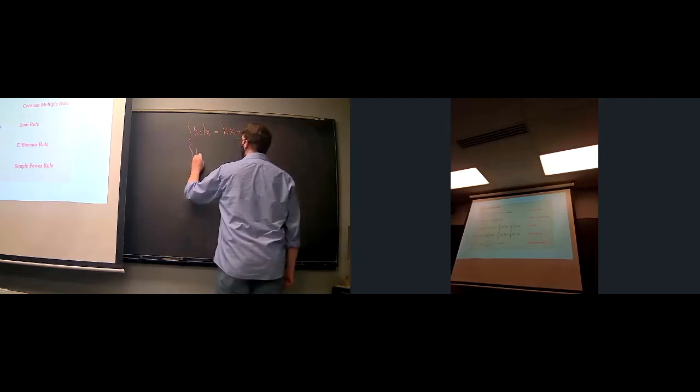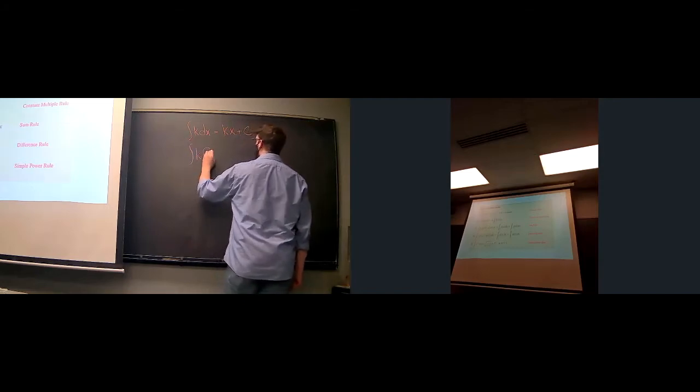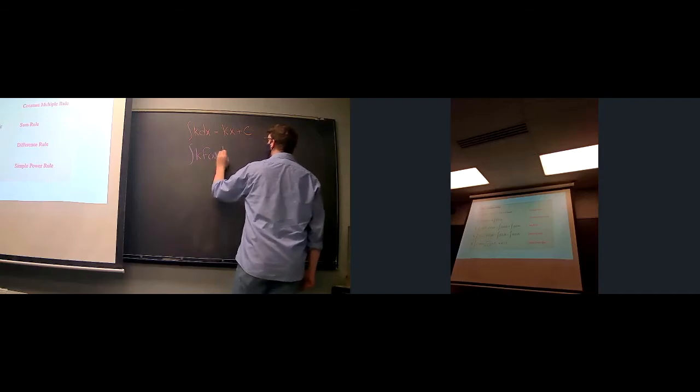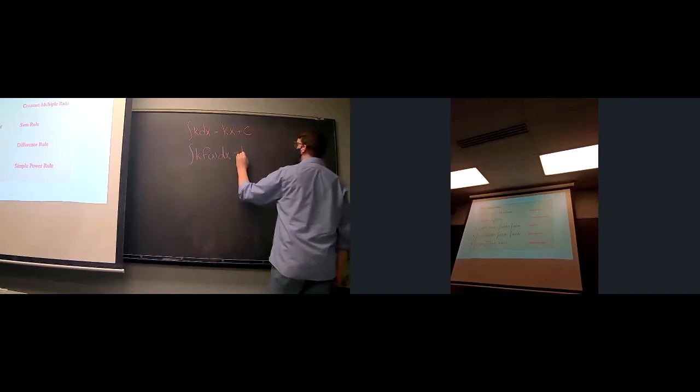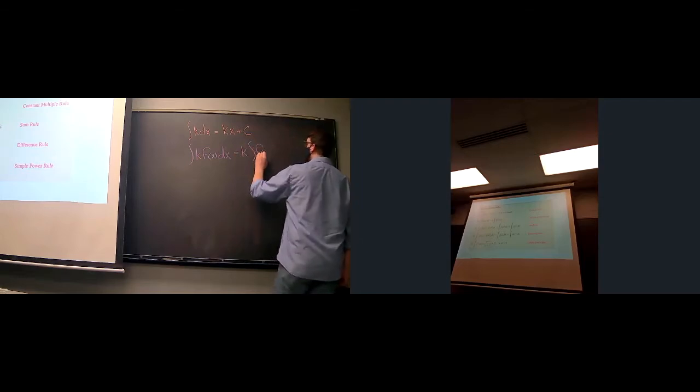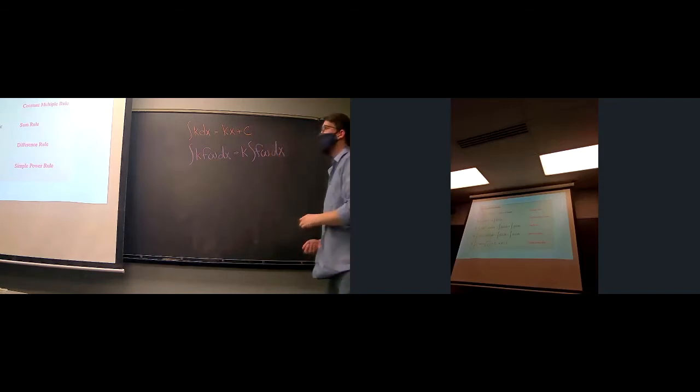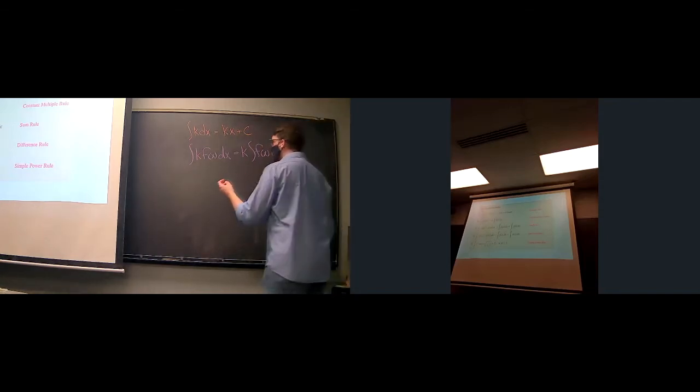The next one is the integral of k times a function with respect to x. This thing's going to come out to be k times the integral of that function with respect to x. After that, we have the sum and difference rules.